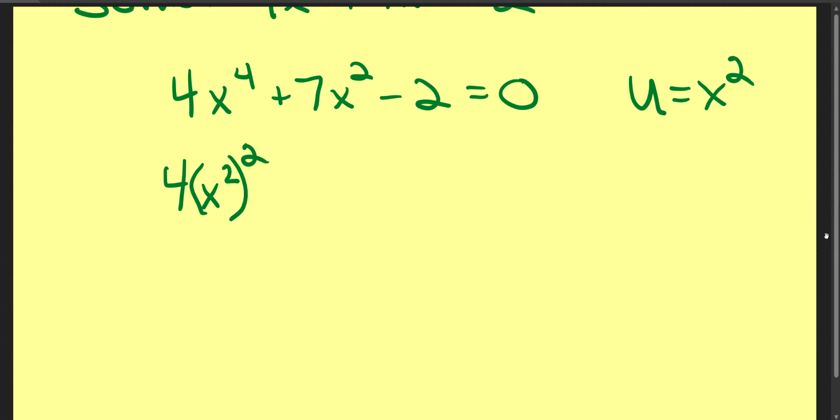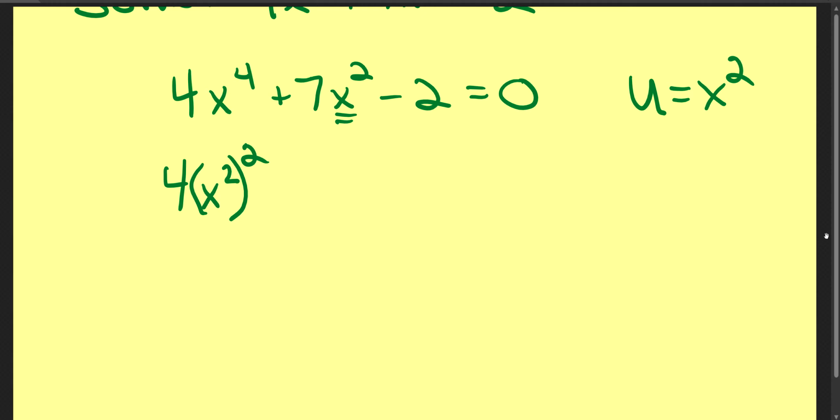It's good to figure this out and understand that, but really where we're getting our value for u is right here, whatever is there as the middle term. So this is just the variable we're working with now.